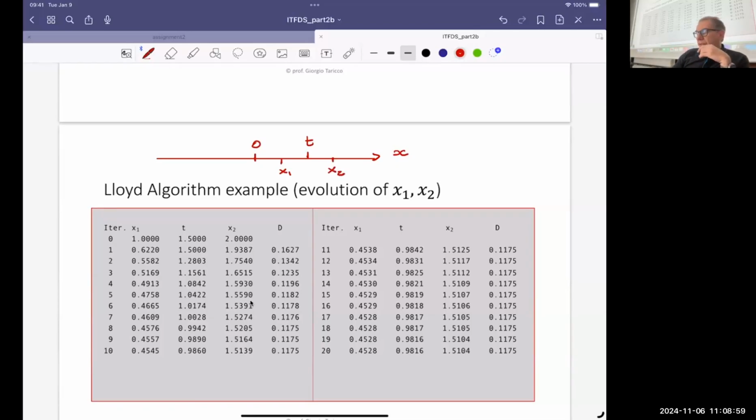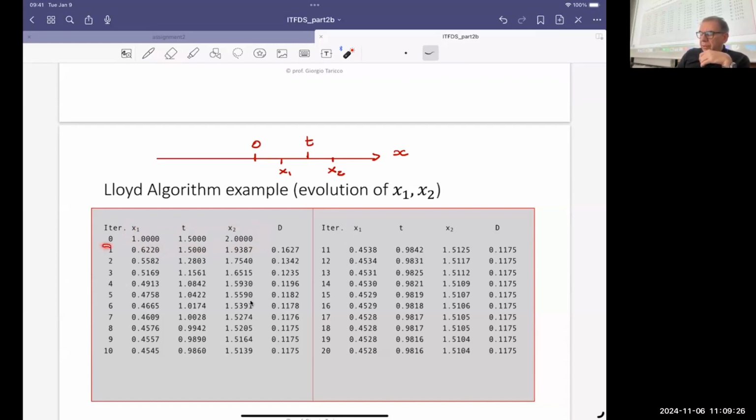And let's recall that T is the midpoint of the segment joining x1 and x2. This condition is satisfied by the initialization, which is not necessary, but it's always good to have it already this way.